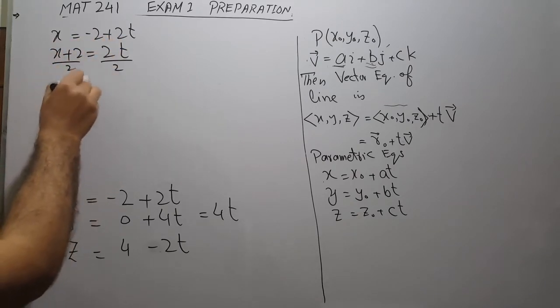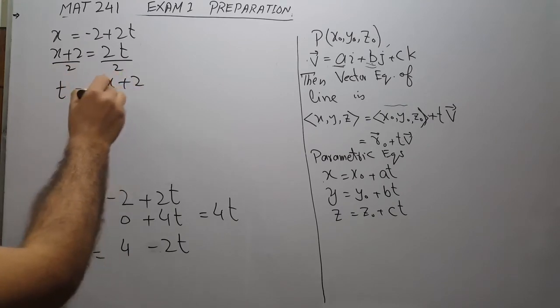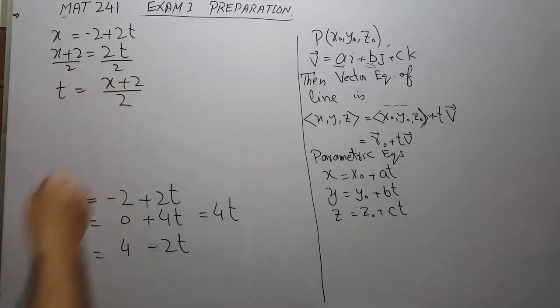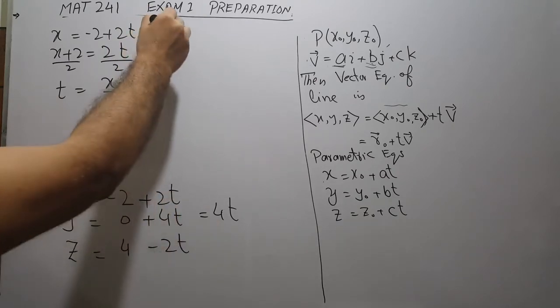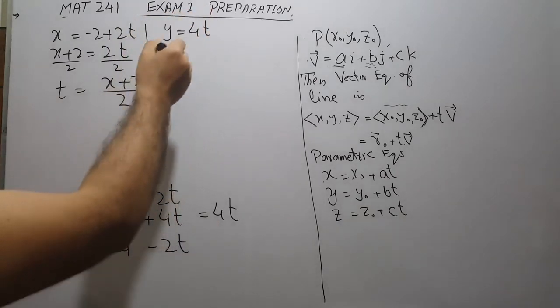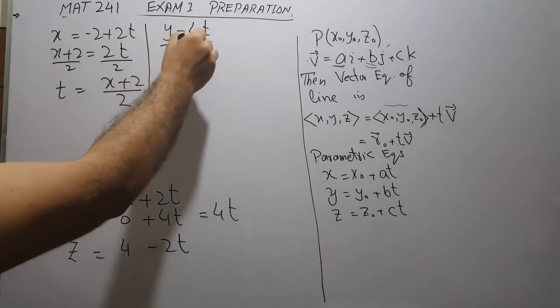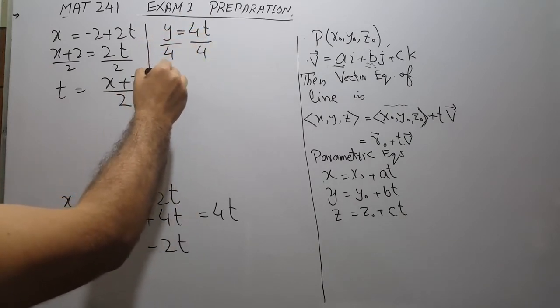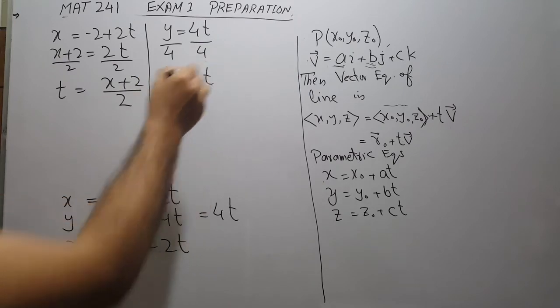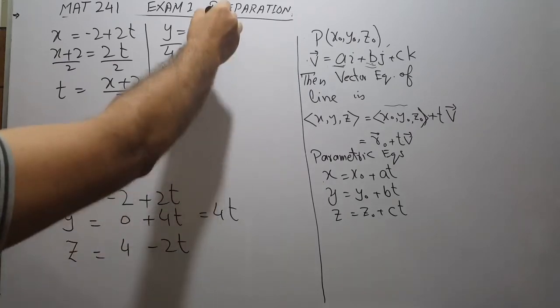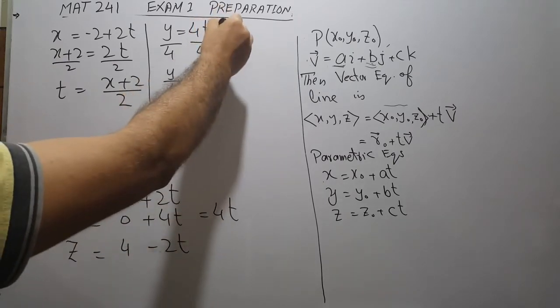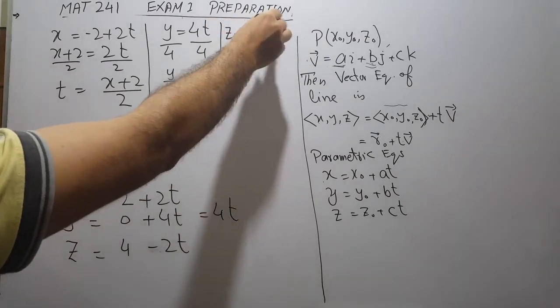So you have t is equal to x plus 2 divided by 2 from the first equation. From the second, we know that y is equal to 4t. So if we divide both sides by 4, we have that y over 4 is t. And from the third equation, z is equal to 4 minus 2t.